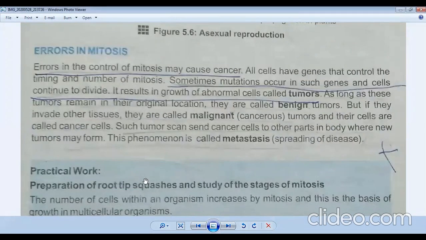The abnormal growth of the cells is called tumor. How many types of tumors? There are two types of tumors, benign and malignant. What is benign? Which stays at one place. And what is malignant? Which invades the other tissues, and when they invade the other tissues, because of that, they can spread all over the body. And this phenomenon is called metastasis.